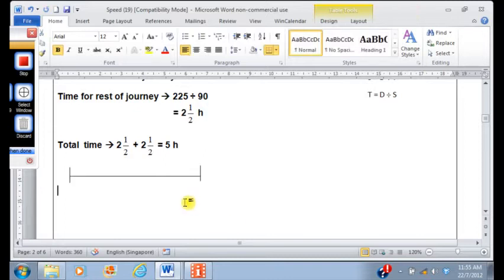At what time did he start? He started at 8:30. What will be 5 hours after 8:30? 5 hours after 8:30 will be, if you count slowly, you get 13:30.